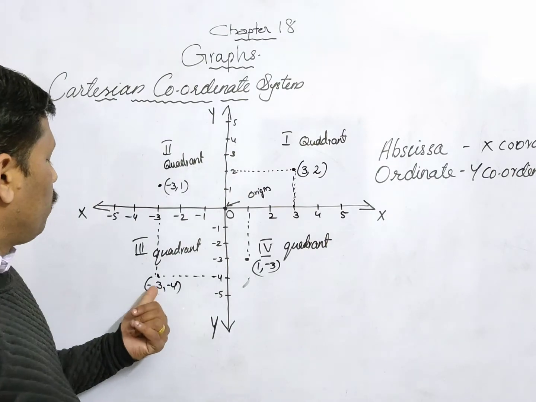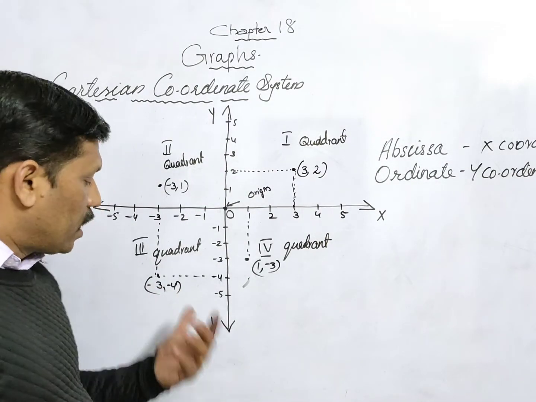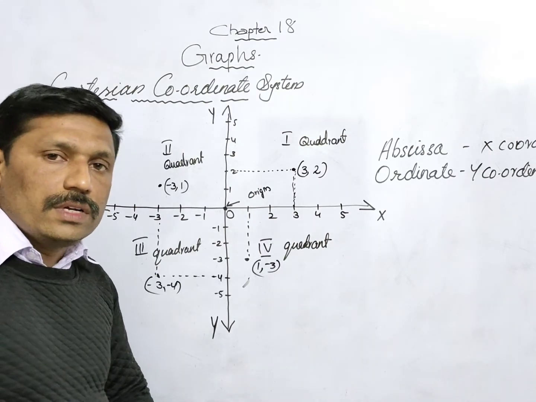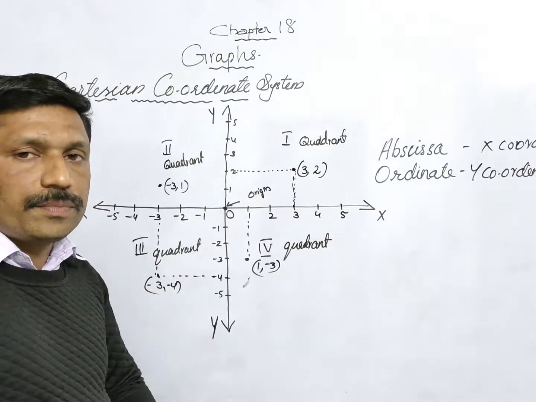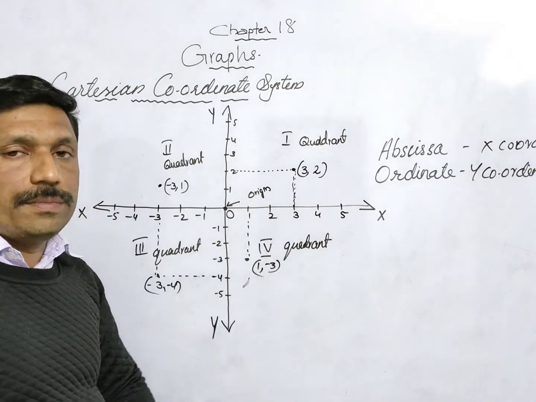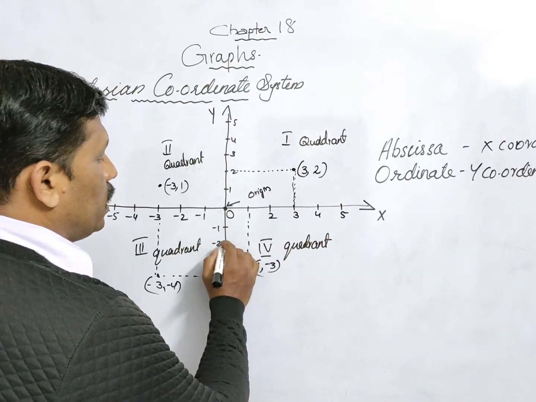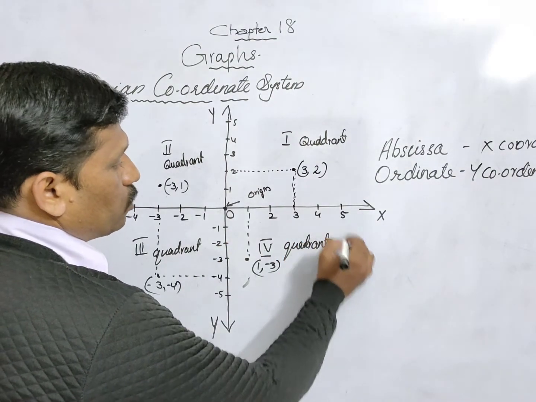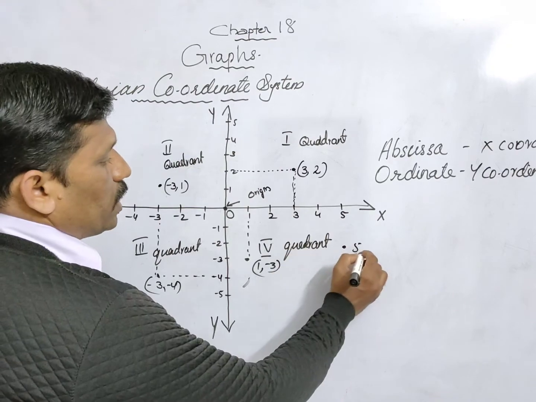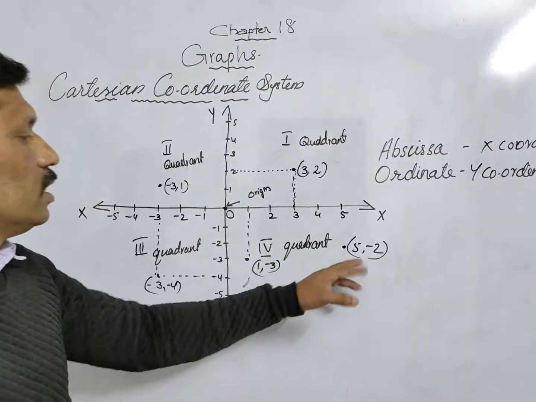And if both x coordinate and y coordinate are negative, then that point lies on third quadrant. And when x coordinate is positive and y coordinate is negative, that point may lie on fourth quadrant. If I take any other point, here if I put a point here, x coordinate is 5 and y coordinate is -2. Here also the x coordinate is positive and y coordinate is negative.